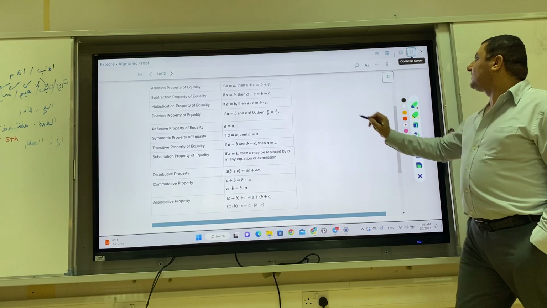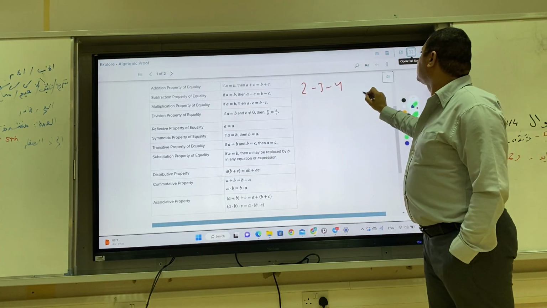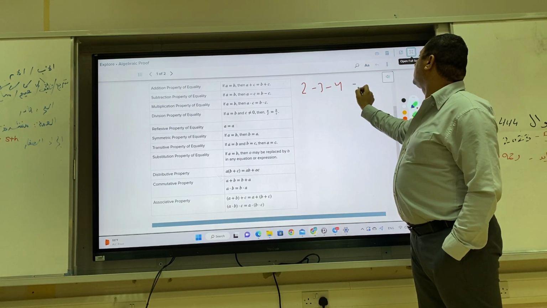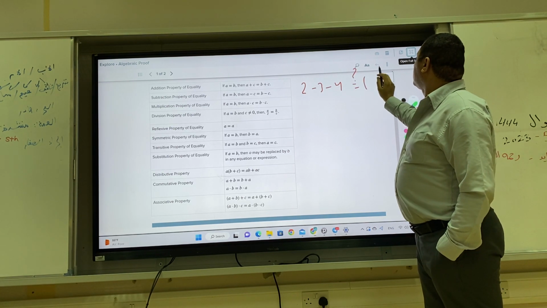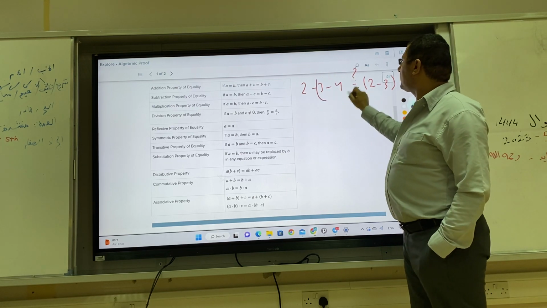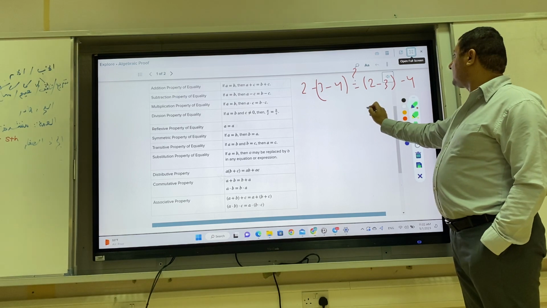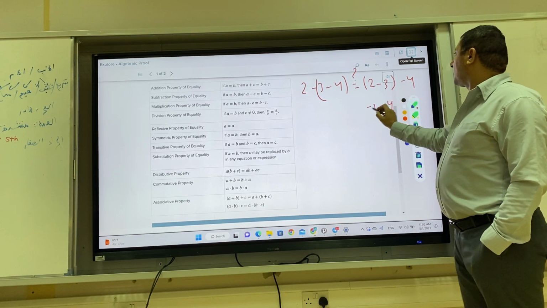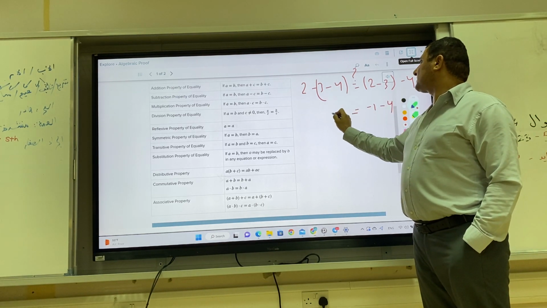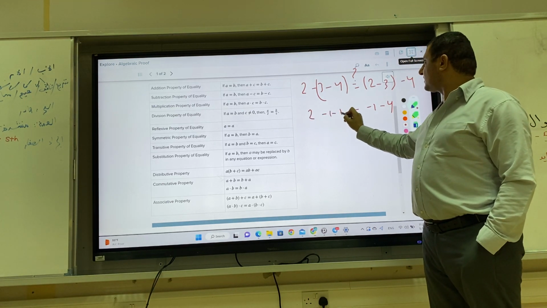So let's make 2 minus 3 minus 4, and is it equal to 2 minus 3 minus 4, if I place the parentheses here? Okay. Let's check. 2 minus 3 is negative 1, minus 4. Here, 3 minus 4 is negative 1, then 2 minus negative 1.